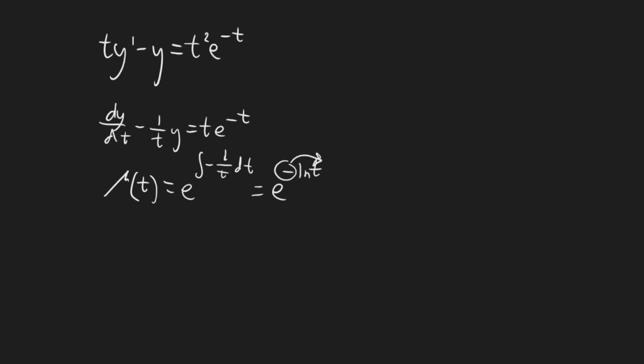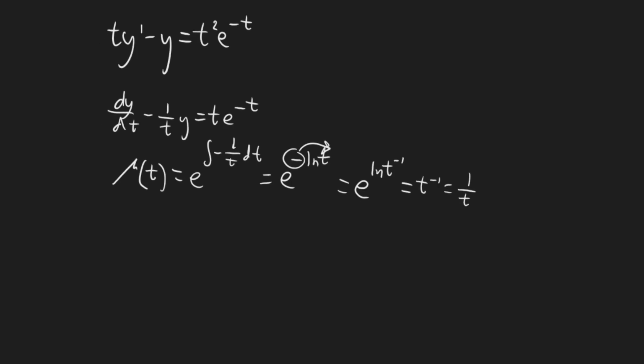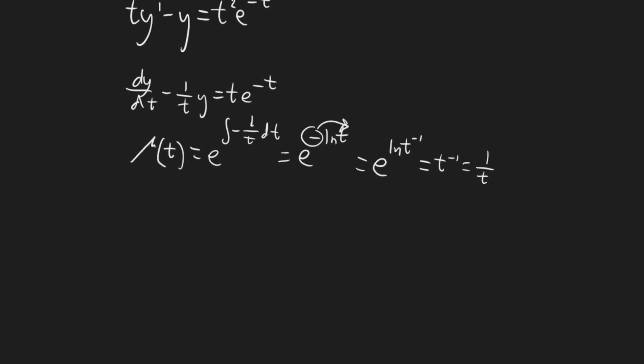So this equals e to the ln of t to the negative 1. And of course, e to the ln of something is just that something. So this is t to the negative 1, or 1 over t. It's the same thing. Now we multiply everything by that integrating factor.